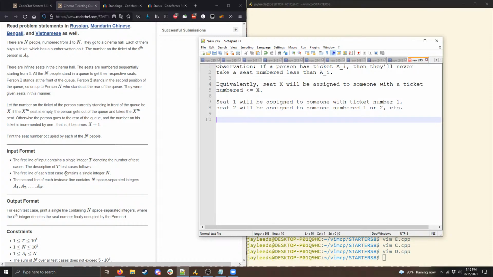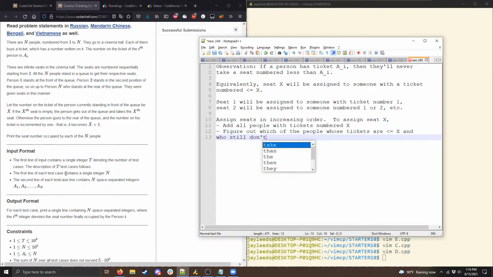So what I'm going to do is assign seats in increasing order. And to assign seat x, we need to add all people with tickets numbered x, and we need to figure out which of the people whose tickets are less than or equal to x and who still don't have seats get seat x.